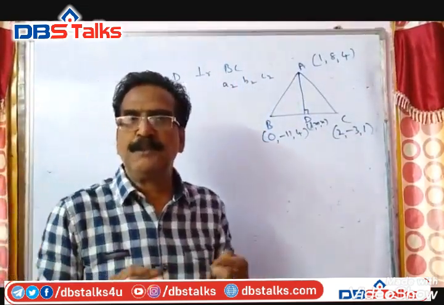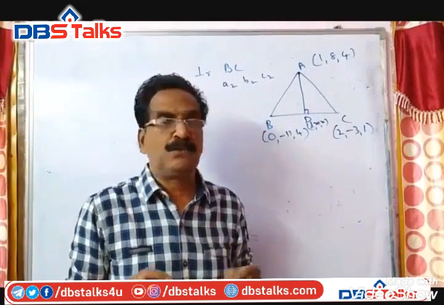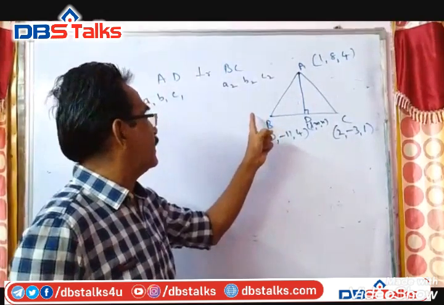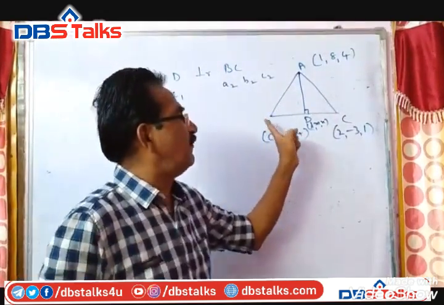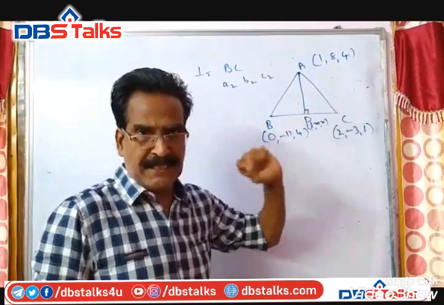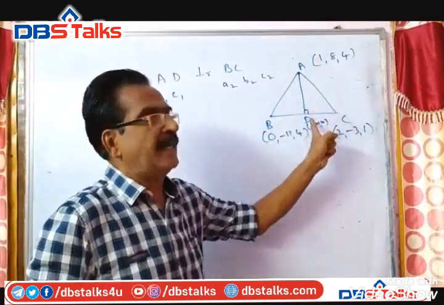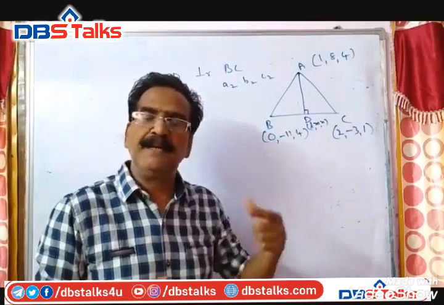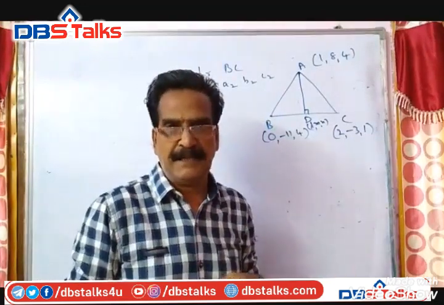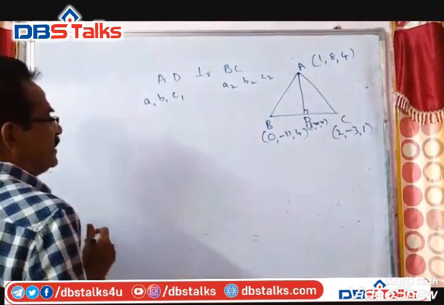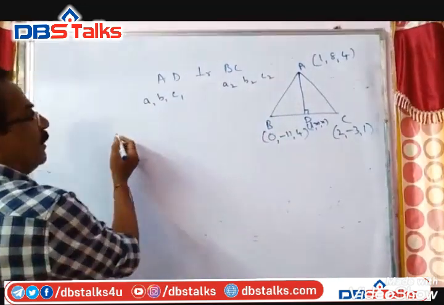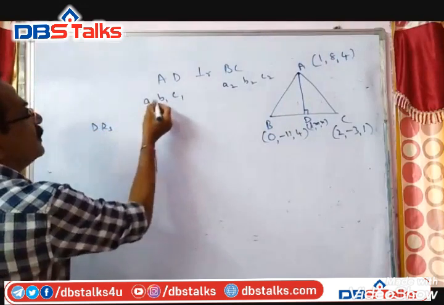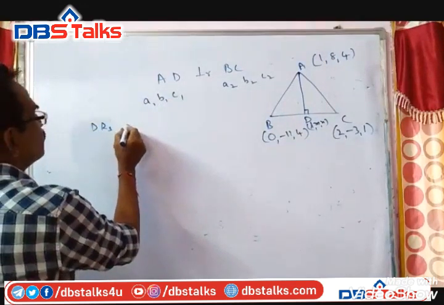Right, friends? So our task is simple. We can find the direction ratios of BC, we can also find the direction ratios of AD, and we can find L, M, N by the given options.